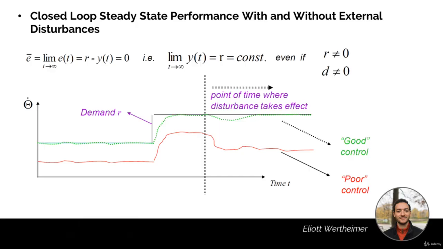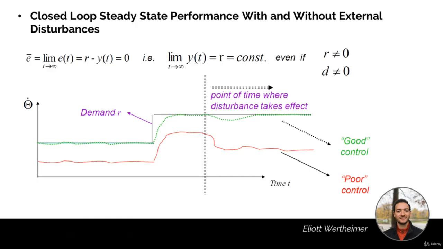So here, suddenly, in the case of good control, there is a slight dip in performance with the output being a bit lower than the demand reference, but the controller acts and actually sets the output back to the desired reference. However, in the case of poor control, the disturbance completely disturbs the system. It goes even further away from the demand reference and stays away without efficient correction to the problem.